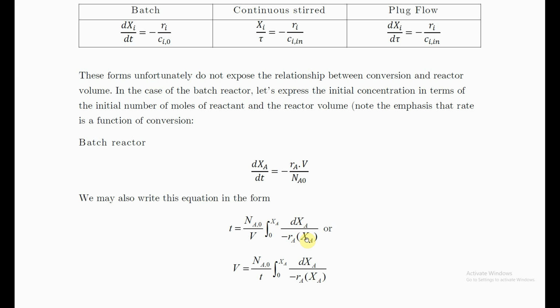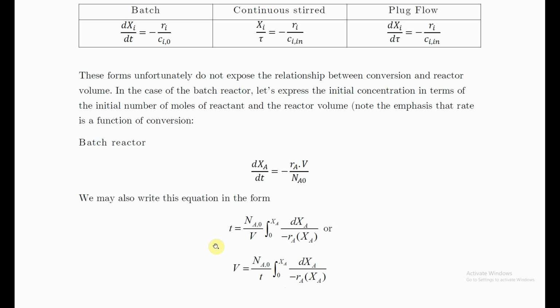Okay, so that's if we were to repose our material balance in terms of the time taken to accomplish a specific conversion in a specific volume. We can, of course, change this a bit. We can rewrite this instead as the volume required to accomplish a certain conversion within a specific time. Mechanically, it's just a matter of multiplying the V there and dividing the T there.